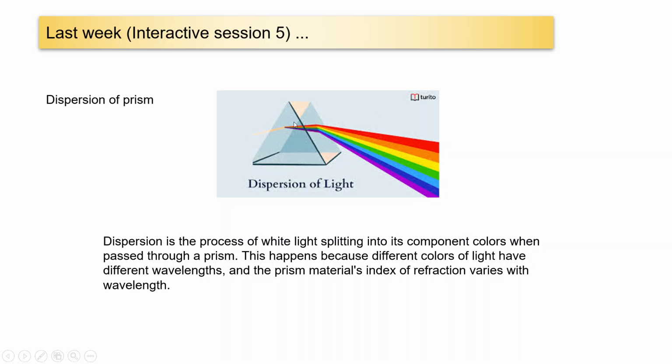And then there is dispersion because of the refractive index, which is a property of the material. So it depends on the wavelength of the light.